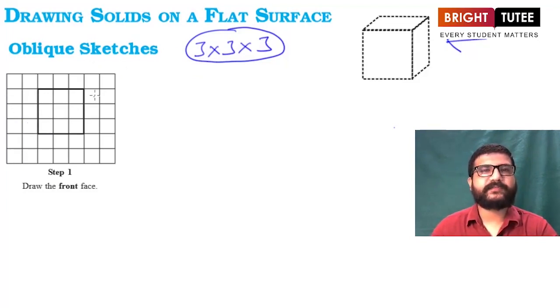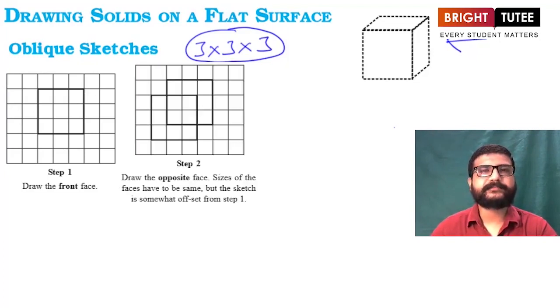So first of all we draw the front face of the cube, and then step 2. In step 2 we have drawn the face opposite to this face. The front face and the face opposite to it should be the same size. Here also we have to draw a square of side length 3.